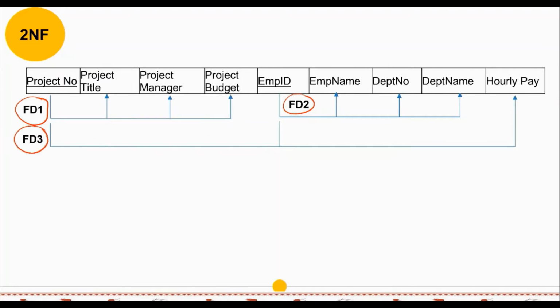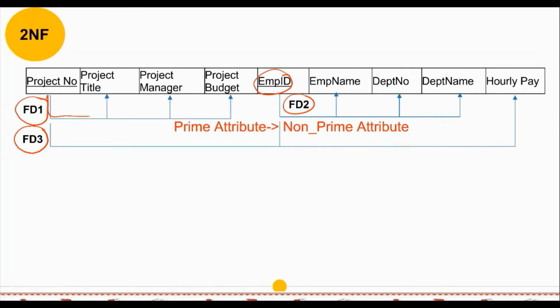That is, project title, project manager and project budget are functionally dependent on project number, whereas employee name and department name are functionally dependent on employee ID, and the hourly pay is functionally dependent on project number and employee ID. So we have three functional dependencies.